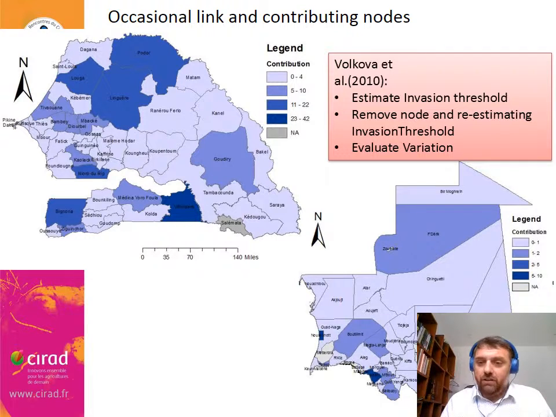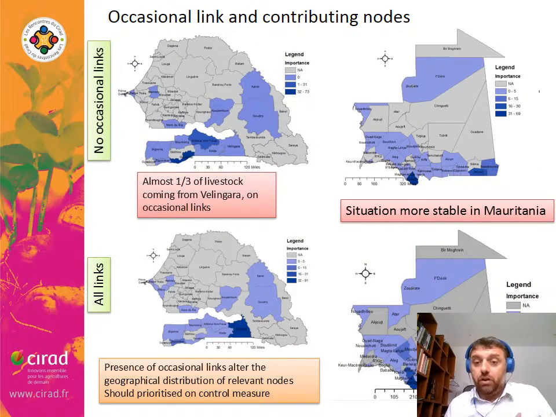Finally, we also check what happens if we consider or not the occasional links. So we take the same network, we estimate the invasion threshold with all the links, then we repeat the procedure above, but we consider instead the network without occasional links.